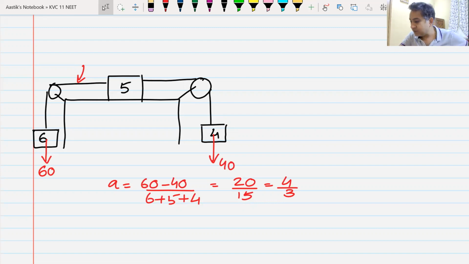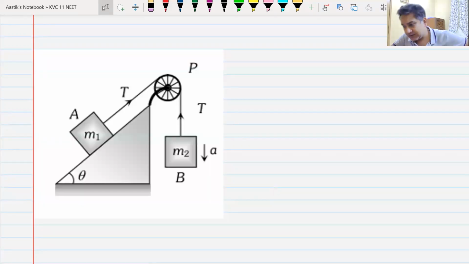Now, let us imagine that I have this case. I have one block hanging like this, and the other block kept on the inclined plane.